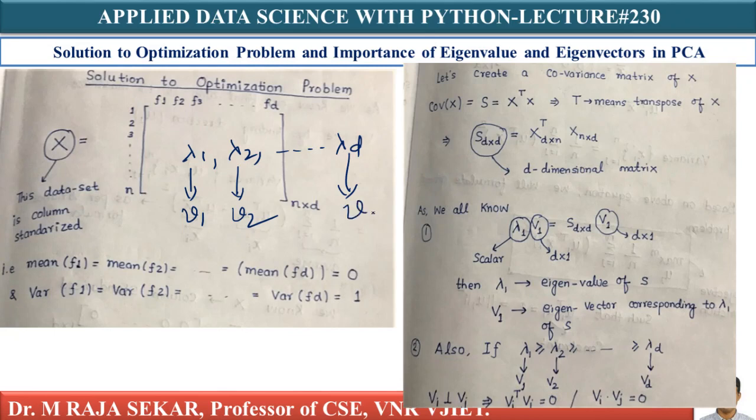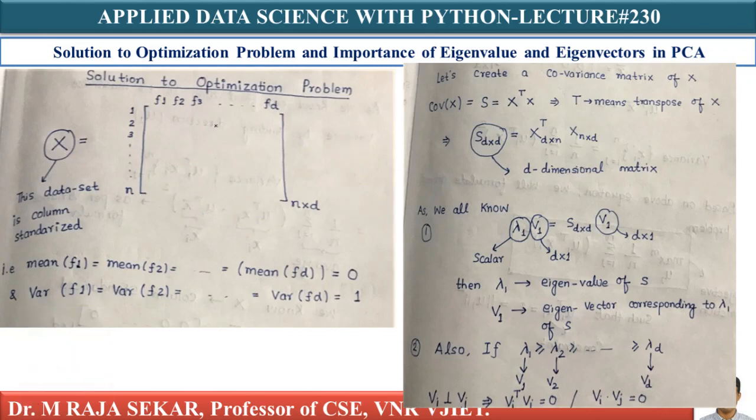In a similar manner, Vd is the eigenvector corresponding to eigenvalue lambda D of matrix capital S.